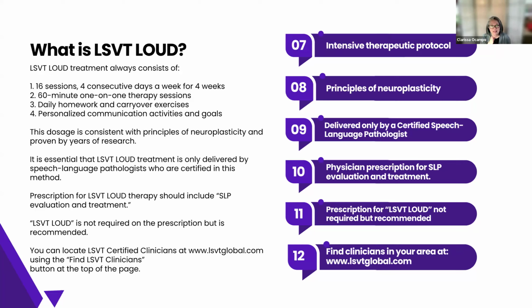That's why the program is designed this way. It's 16 sessions, 4 consecutive days a week, plus you are actually doing homework. So although you are seeing us for 4 days, the other 3 days you're doing it on your own, right?